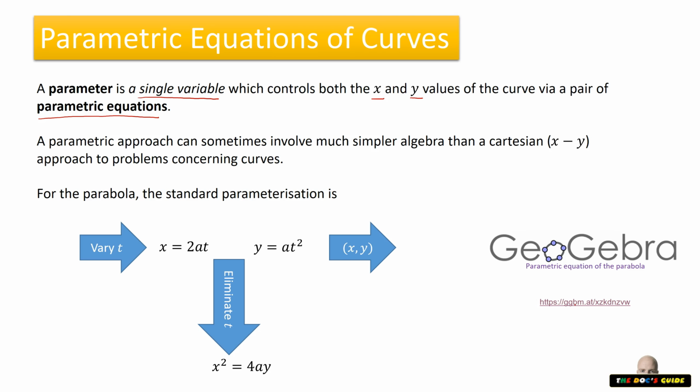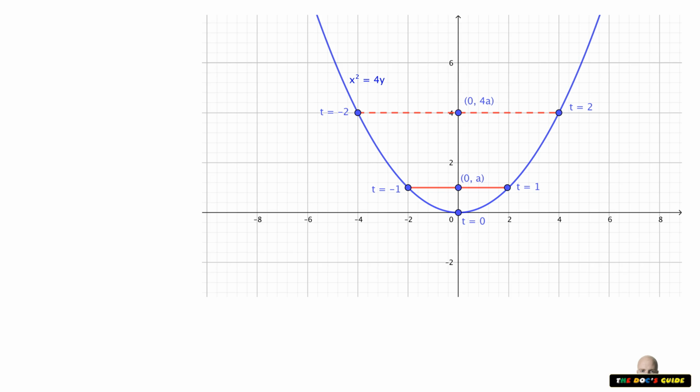So continuing on from here, this is an example of how we can break up the parabola according to different values of the parameter. So for our parabola x squared equals 4ay in Cartesian form, and therefore x equals 2at, y equals at squared in parametric form, we can see that when t equals 0 we're talking about the vertex, x is 0 and y is 0.